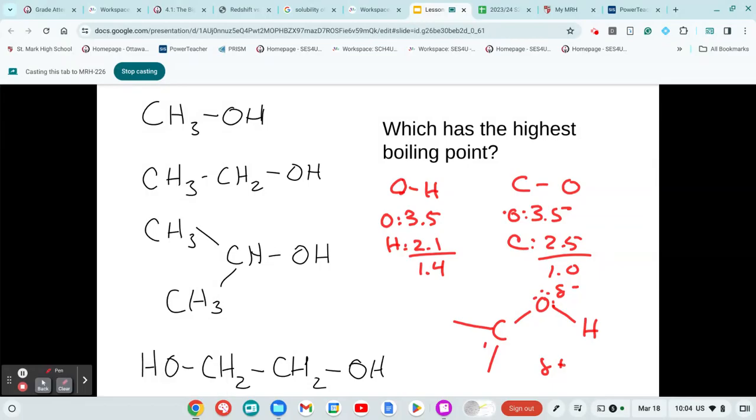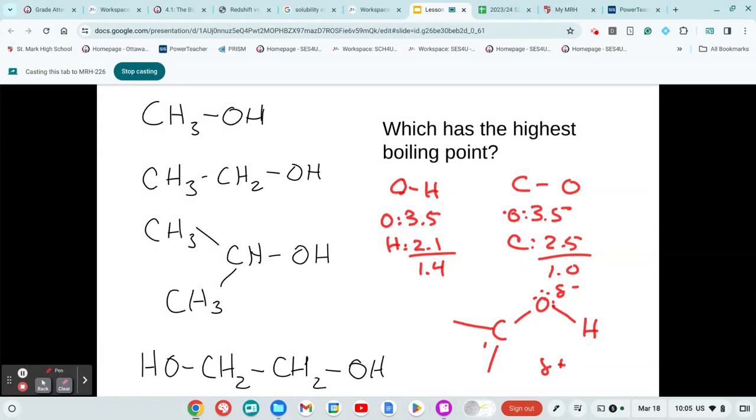But which one is going to have the most dipole-dipole forces? Anthony? Okay, so that's a possibility when we look at that. Any other options? Yeah, the last one has two polar groups on it.